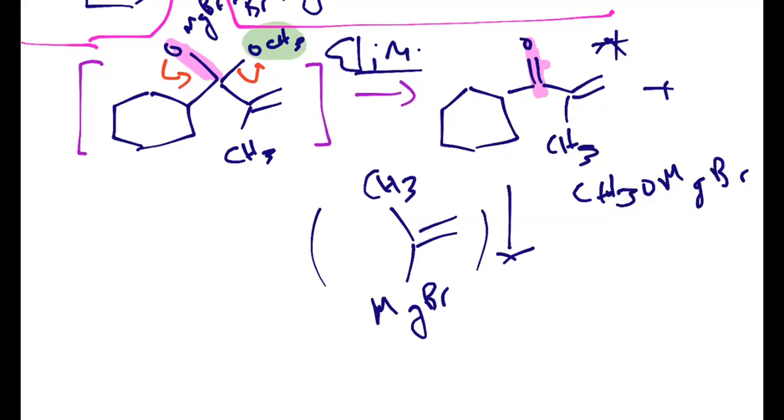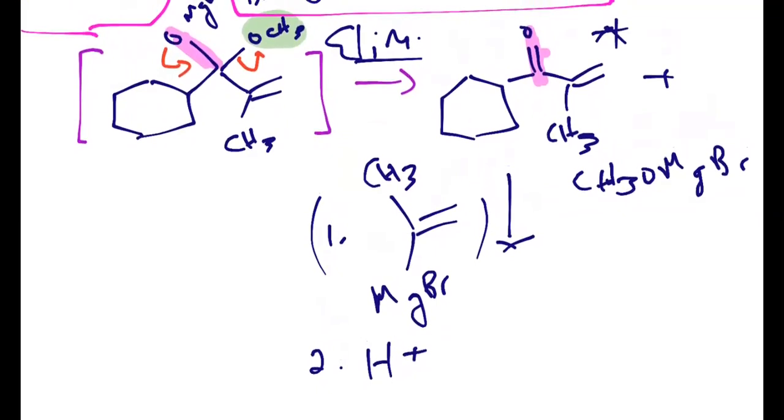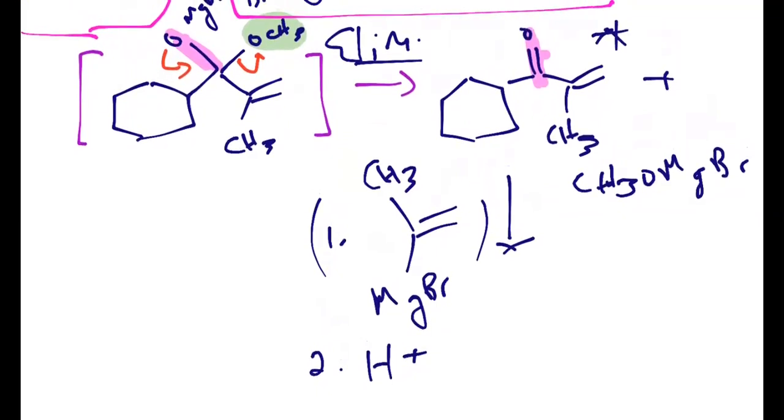And then follow that up with step 2, I'll quench it with H+. What should I get? Grignard plus an aldehyde or a ketone equals what? An alcohol, right? So we've already seen that before.